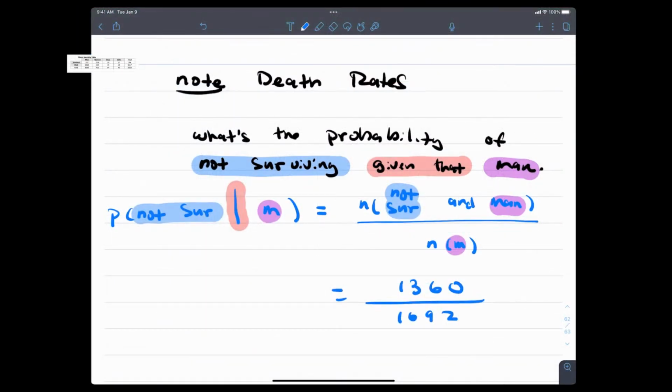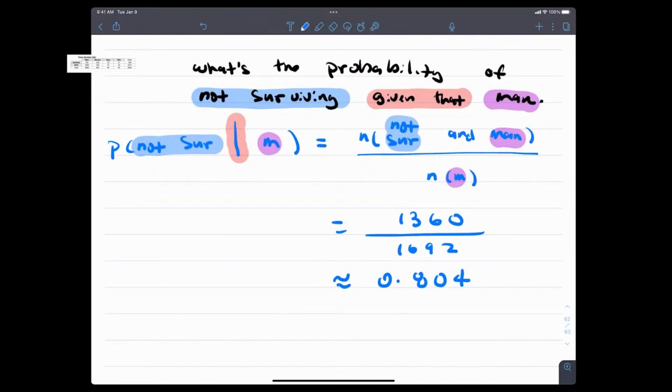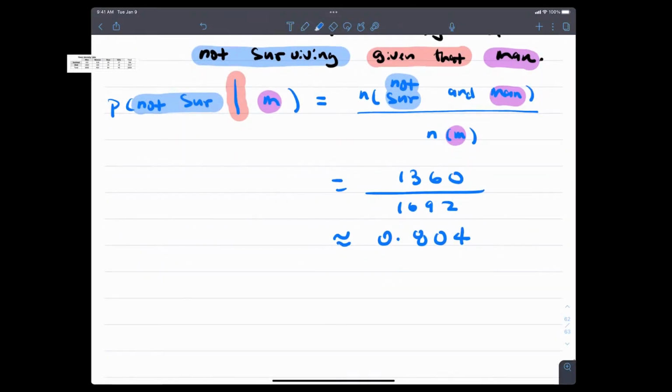So I take that ratio, 1,360 divided by 1,692. What do you get now? 0.804. And that gives you 80.4%. So this is the death rate.